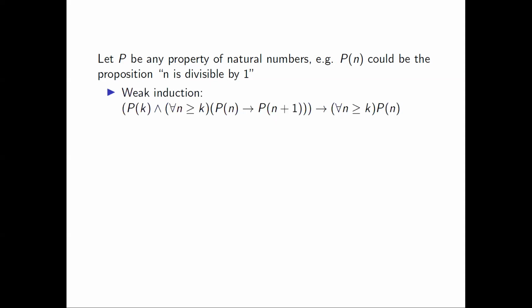The first part of that, the P of k, is our base case. The second part, the for all n greater than or equal to k, P of n implies P of n plus 1, that's our inductive step. And what we're trying to prove is that for all n greater than or equal to k, P of n is true. So if we want to prove that, all we have to do is prove a base case and an inductive step.